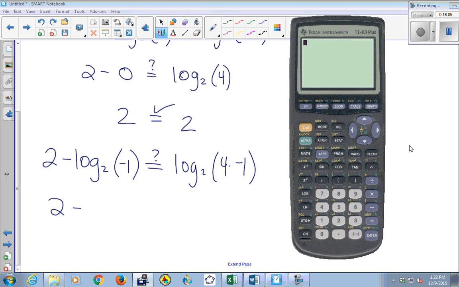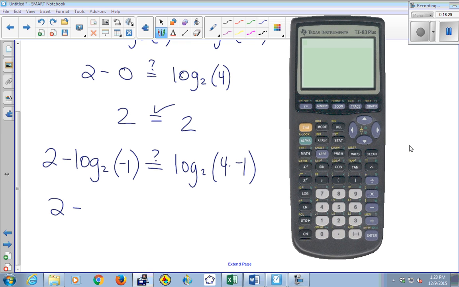Two to what power would give me negative 1? 2 to the i is not negative 1. The base has to be 2. 2 to what power gives you negative 1? A half?